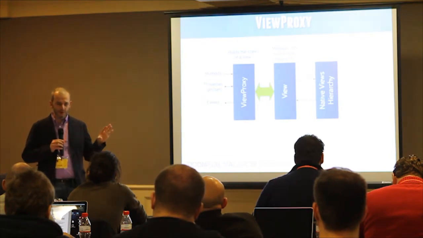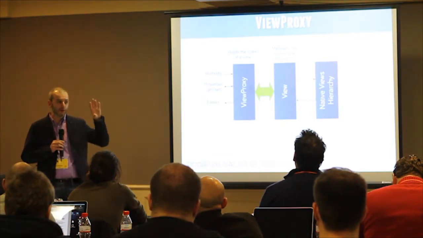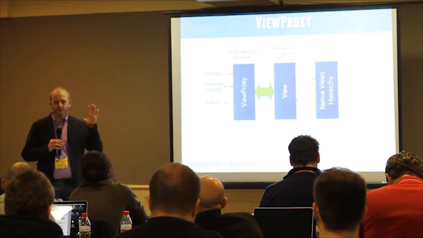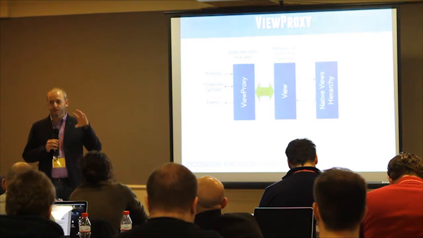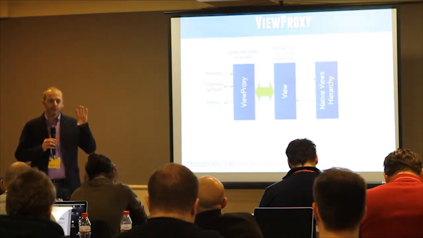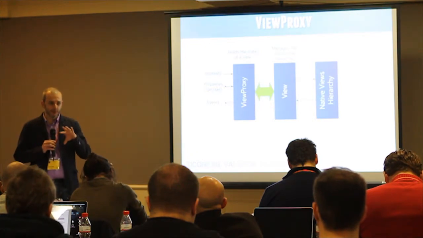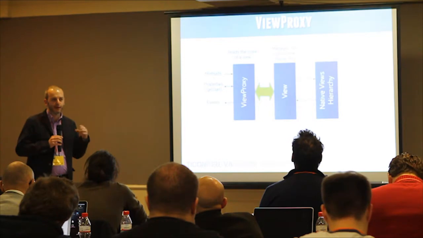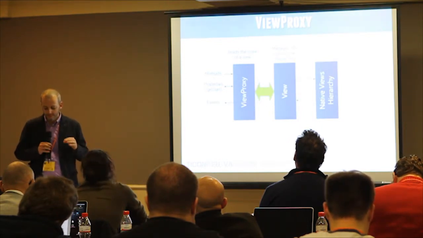One is the view proxy that exposes the API of our object and also holds the state known to JavaScript of our view object. So for example, the height, the width, the background color, and so on.